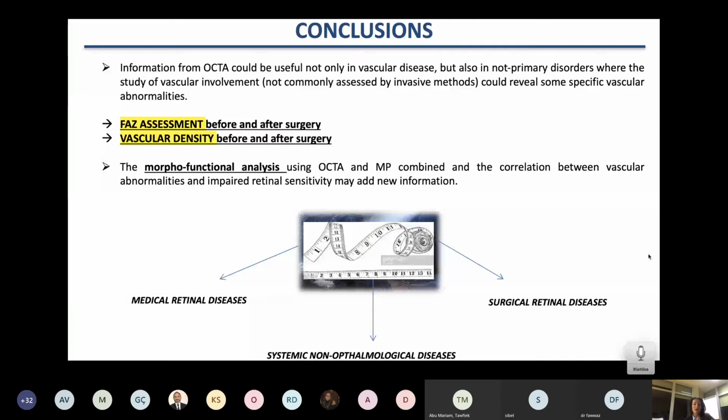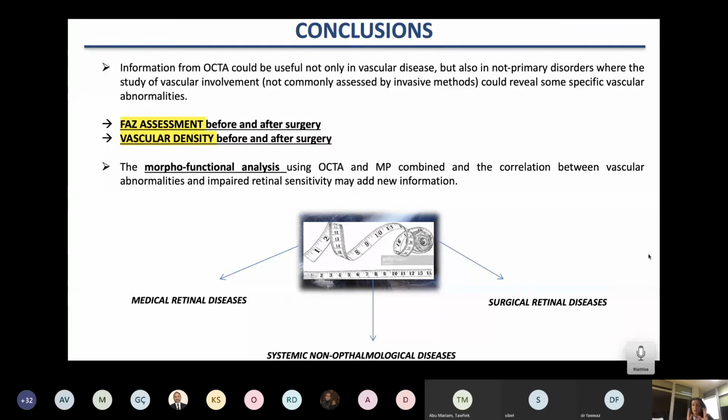In particular, we have seen that it may be useful to evaluate patients affected by vitreoretinal interface disorders before and after surgery using phase assessment and vascular density measurements. The next step maybe will be the structure-function correlation.